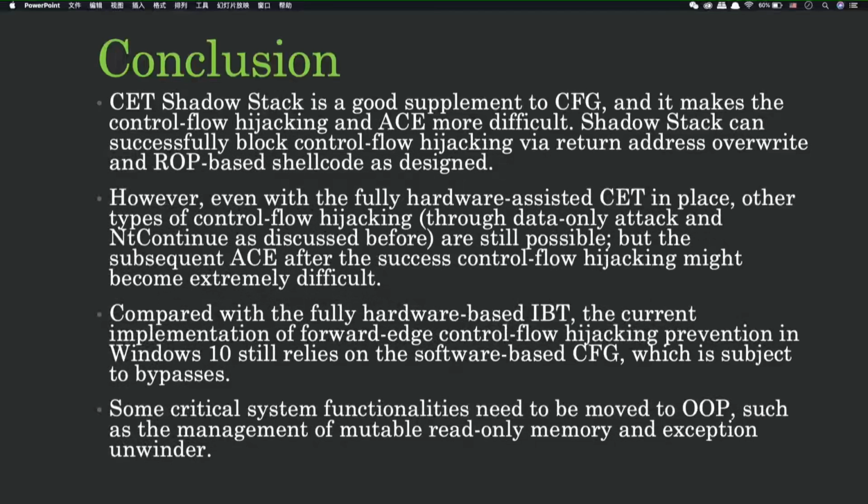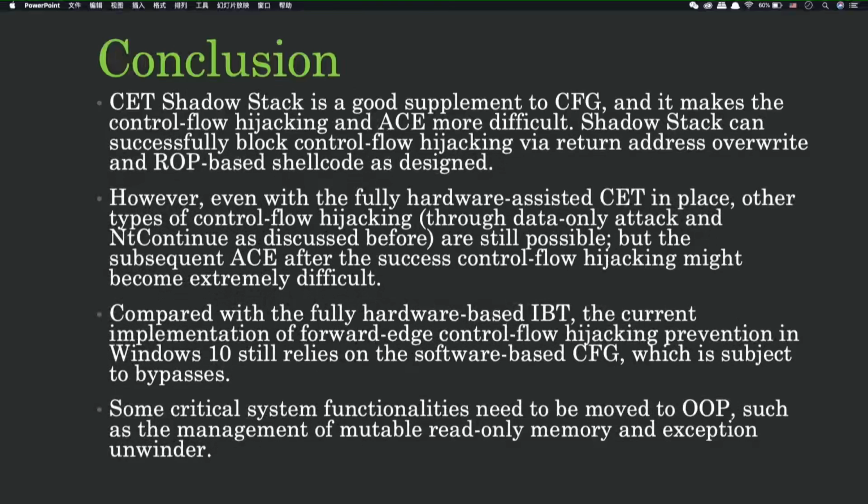But that being said, it is possible to still hijack the control flow, but after we hijack the control flow, we have to find a way of doing something else to run the arbitrary code. Then with CET in place, arbitrary code execution after the control flow hijacking is becoming extremely difficult, if not impossible.